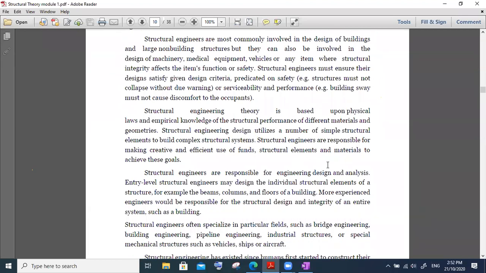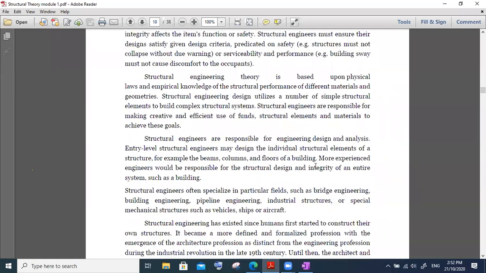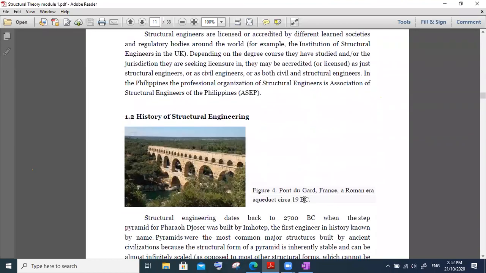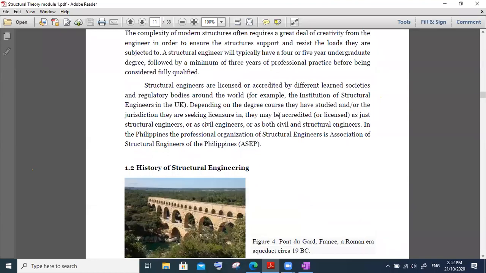Structural engineering theory is based upon the physical laws and empirical knowledge of the structural performance of different materials and geometries. So let's skip the others, they are easy to understand. Accreditation: to become a structural engineer in the Philippines, you need to get accredited. You need to become a member of ASEP.